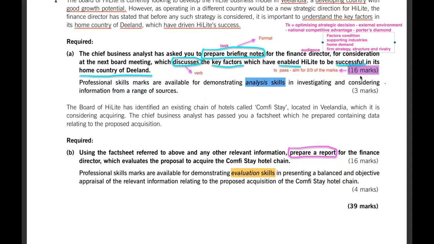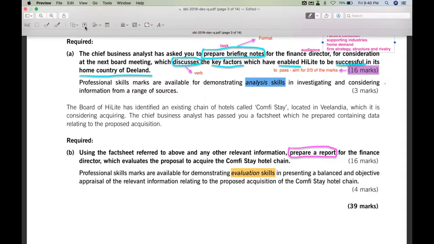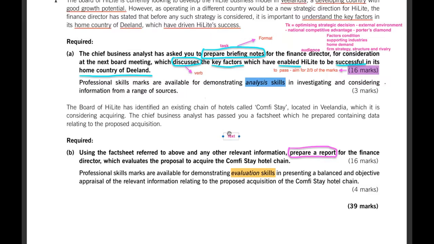How many minutes should you allocate to answer that particular question? Roughly you have 240 minutes. You minus 40 minutes, then you have 200 minutes.